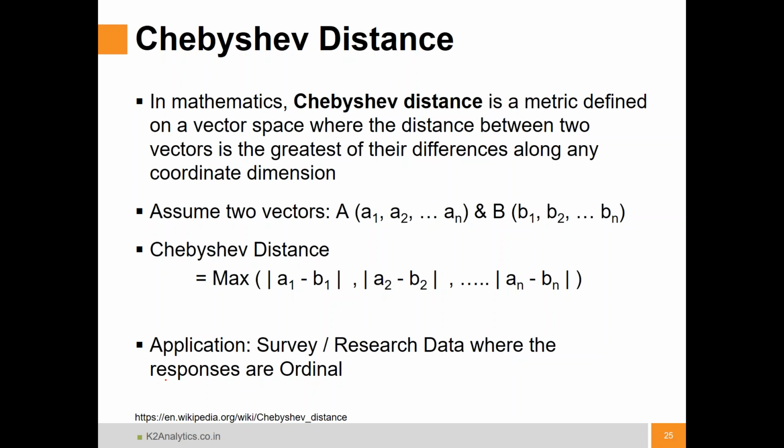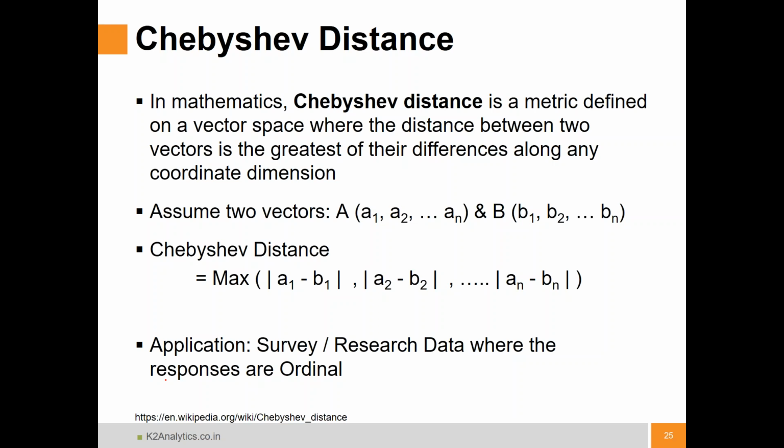Income 40 and 50, distance is 10. Gender 1 and 0, distance is 1. Professional, distance is 0. Now I have the absolute distances between these two customers. The max of these, the one dimension on which they differ the most, that is the distance.